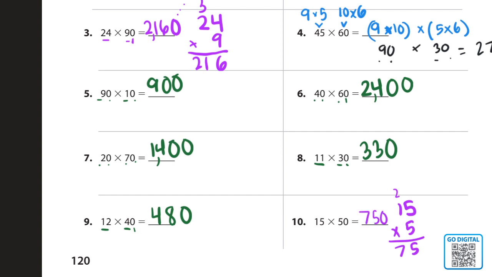My answer is 750. Or I could do it thinking about the associative property and decomposing or breaking down one of my factors. So I look at this number and I think, okay, what makes 15? What two numbers multiplied together make 15? Well, I know 3 times 5 make 15.